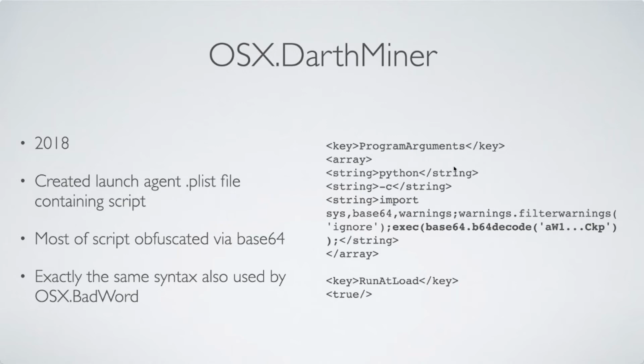And for persistence, it actually created this launch agent plist file that would run a Python script that would basically run a bunch of stuff through base64 decode. So this was pretty interesting, pretty obvious. If you see something like this in a launch agent plist, that's pretty suspicious too. We also saw exactly the same syntax used by another piece of malware called OSX.Badword.